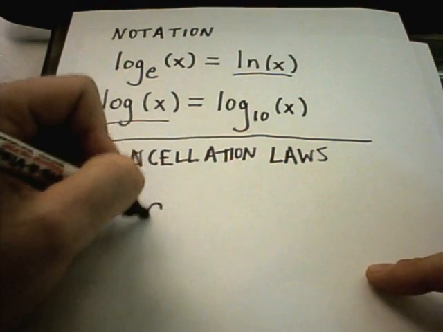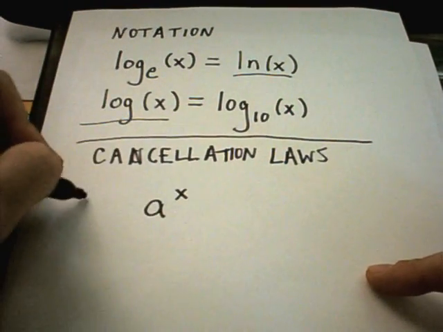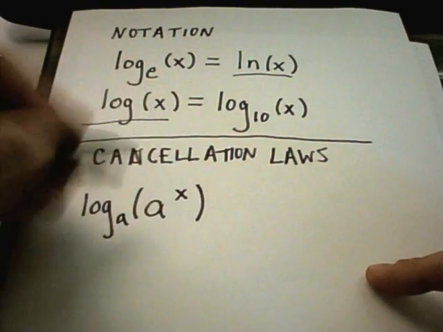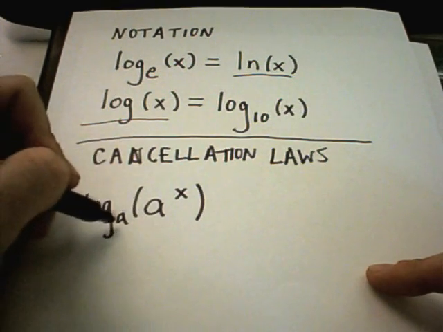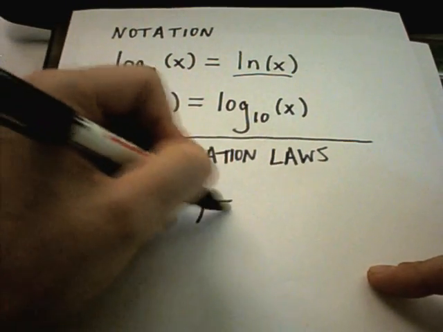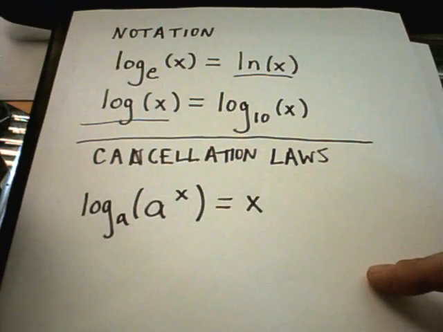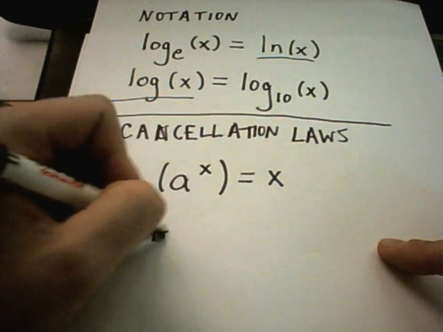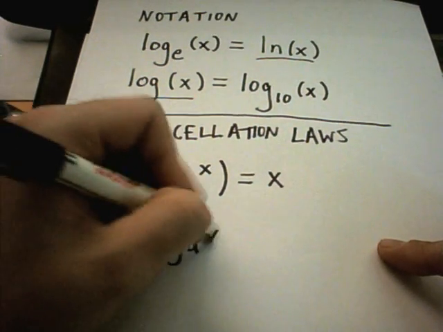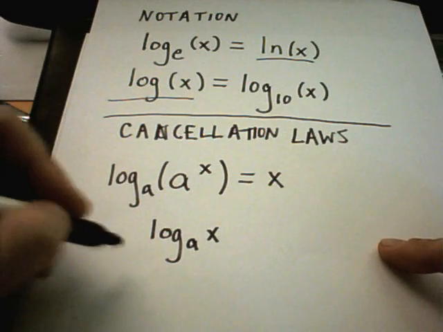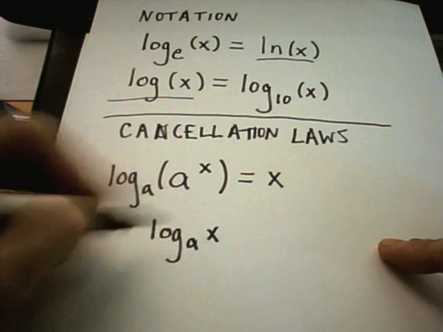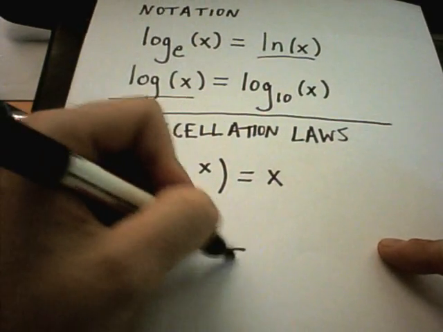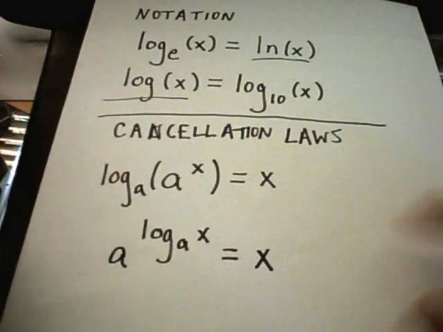It says if you have an exponential, a to the x, and you put that inside of a logarithm, so log base a of a to the x, and notice I've got the same base, that again is crucial. This is going to be equal to x. Likewise, if I have a logarithm, log base a of x, and then I put that inside an exponential, so again log base a of x is, think about that as being a number, and I take a and raise it to that number, that's going to also equal x.